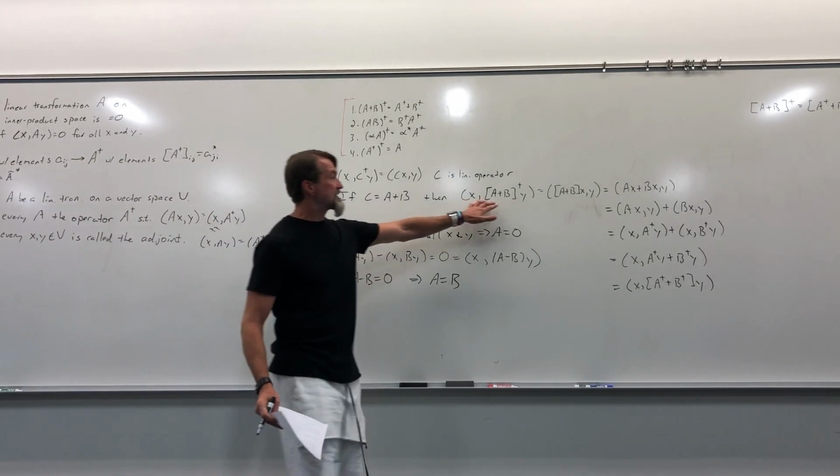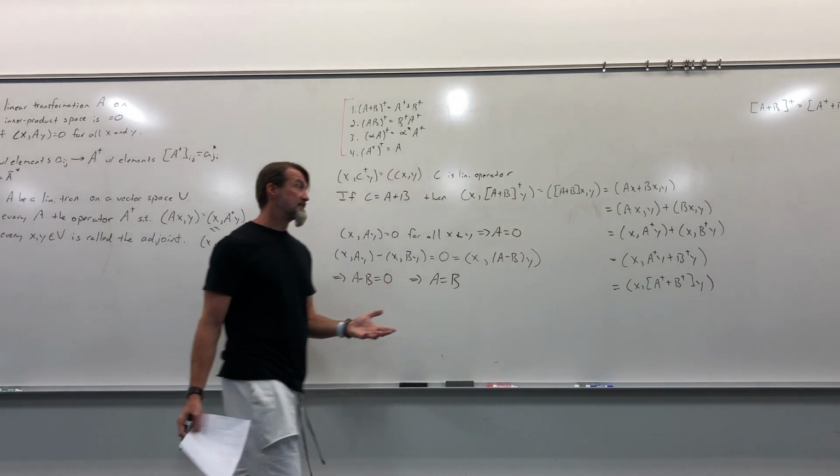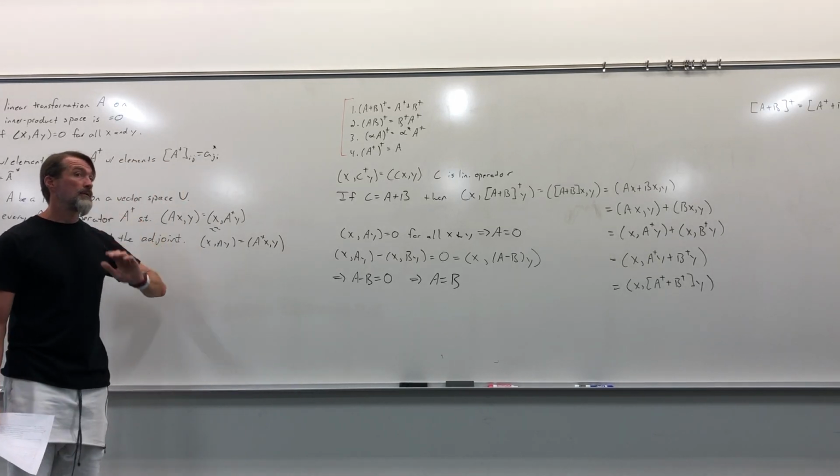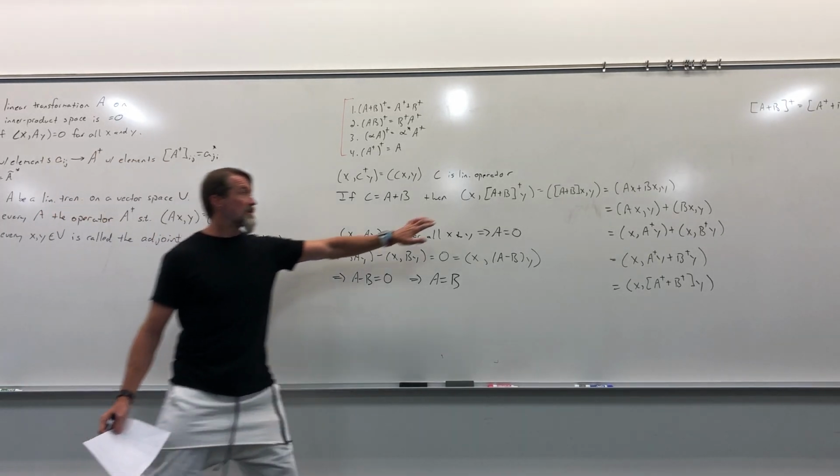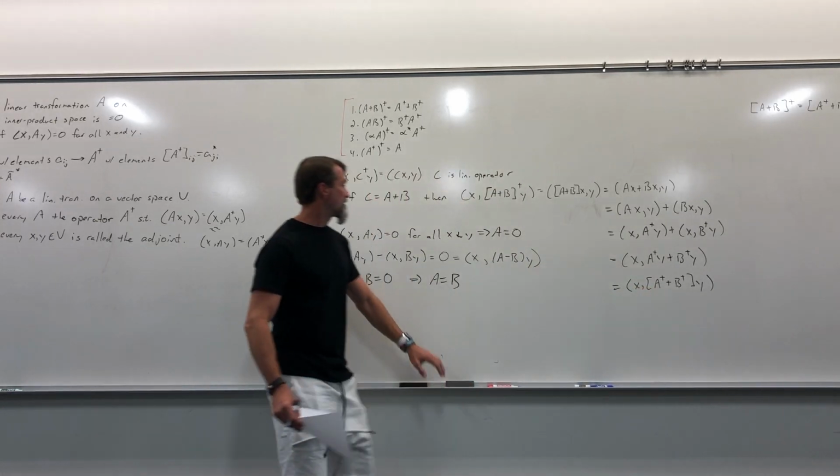So I just said this is equal to this, therefore their difference is 0. I'll just call this A and this B for simplicity.